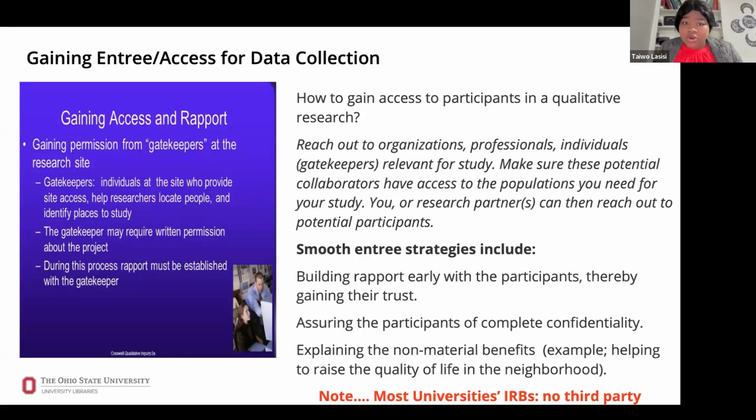And when you're reaching out to people to collect data, you cannot go through a third party. That is, if I am a researcher, I cannot give you surveys to pass along to someone else to fill out. No, you have to send it directly to them.